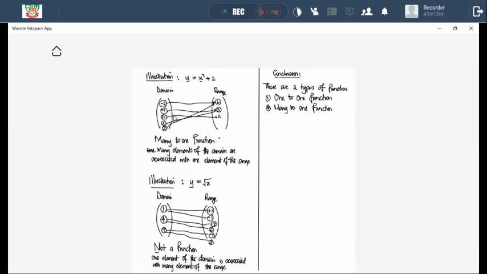Right. If I come and say Susan is married to Tom. Look at this relationship. There is only one Susan married to one Tom.